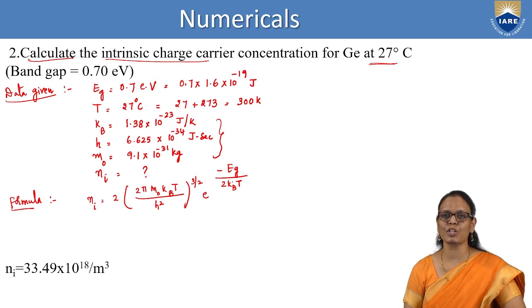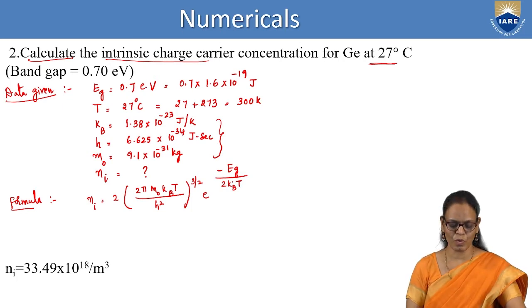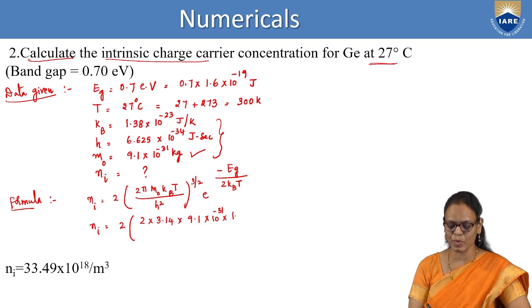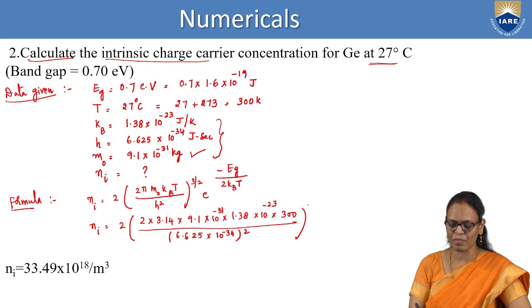So we need to substitute now in this formula. So what is Ni equal to? 2 into (2 into 3.14, and the rest mass of the electron 9.1 into 10 power minus 31, and Kb is 1.38 into 10 power minus 23 into temperature 300 Kelvin divided by 6.625 into 10 power minus 34 whole square) power 3 by 2 e power minus Eg.